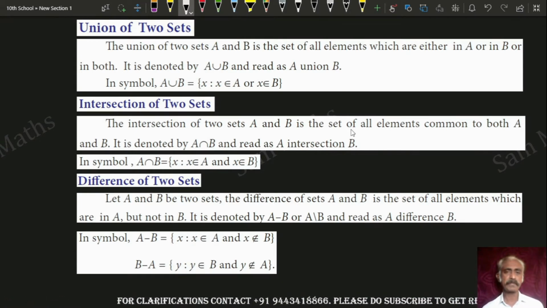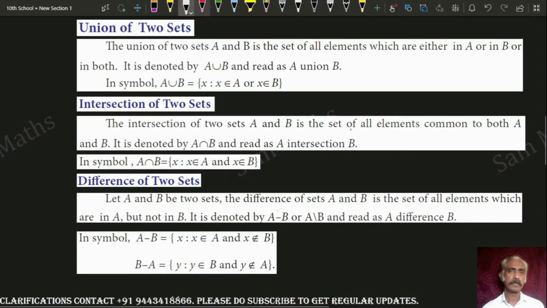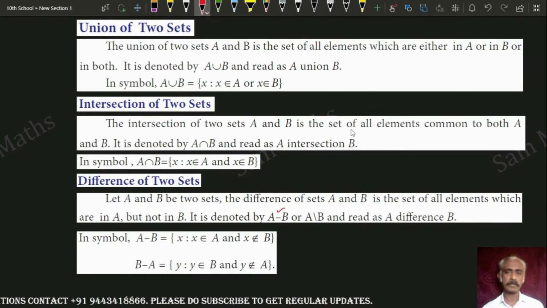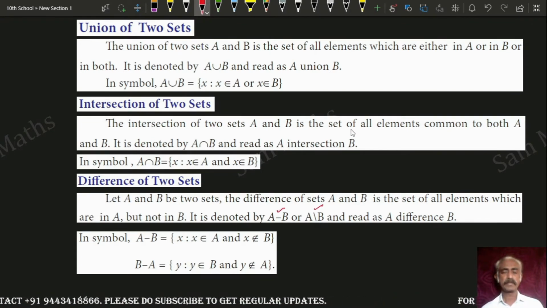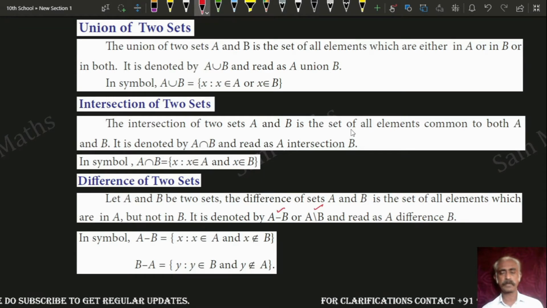Then difference of two sets. That is A difference B, which can be denoted by this symbol or this symbol. Okay, children? So that is the set of all the elements from A but not from B. Are you clear, children?